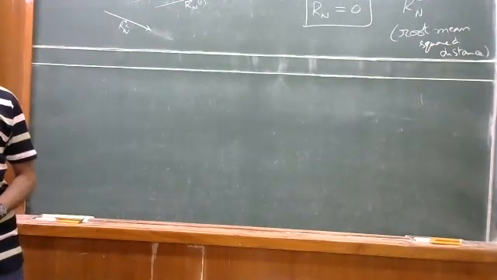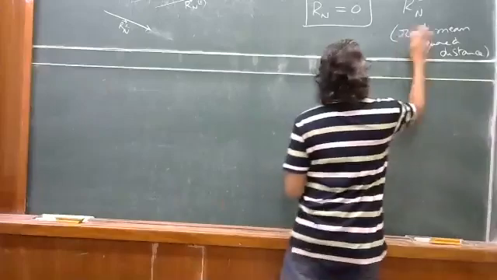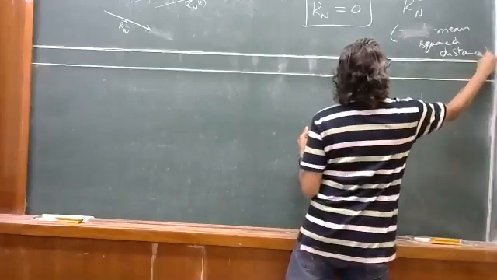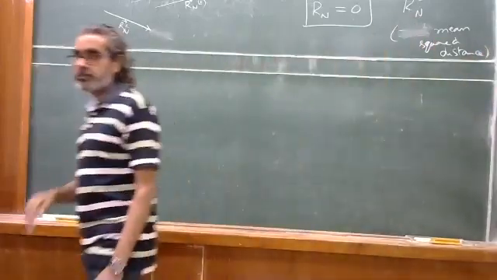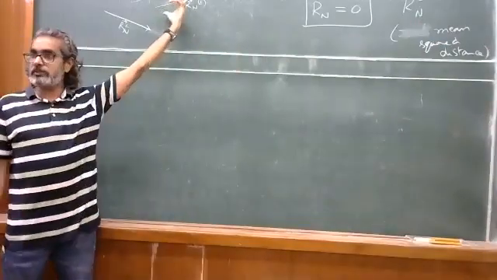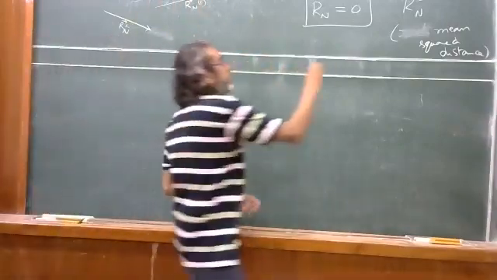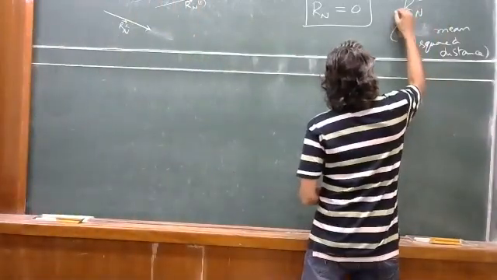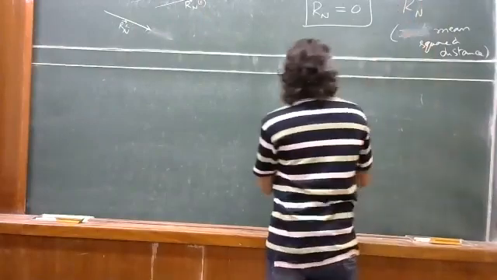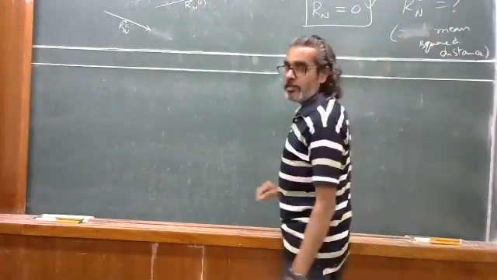I think it's mean square. It should be mean square. Yes, so let's say mean square. Of course, if you take the square root of that value, that will be the average size of your coil, which is what we are interested in. This is easy to calculate, you don't need any maths.